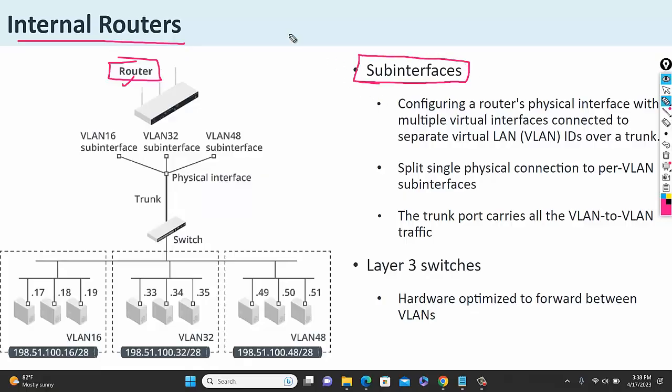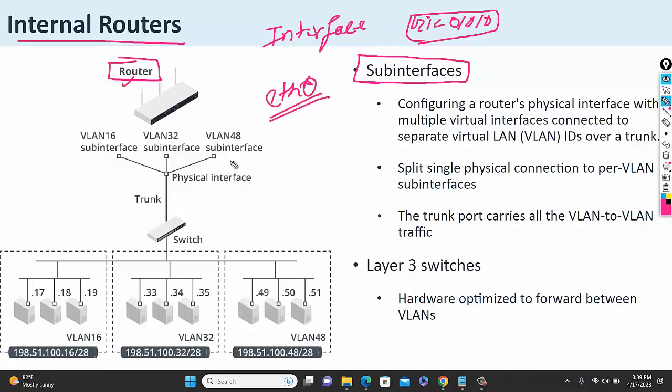Sub interface. All of you know about the interface, like GIG 0/0/0. This is an interface. ETH 0. This is an interface. So what is a sub interface and what is the use of it? A sub interface is considered like ETH 0.1, .2, .3, .4, .5.